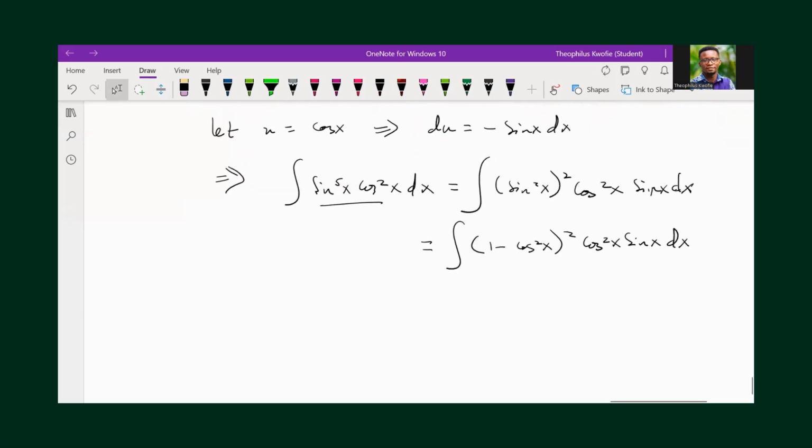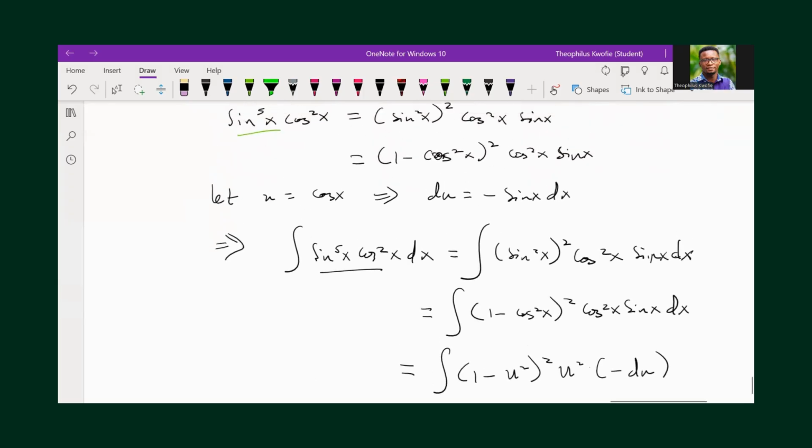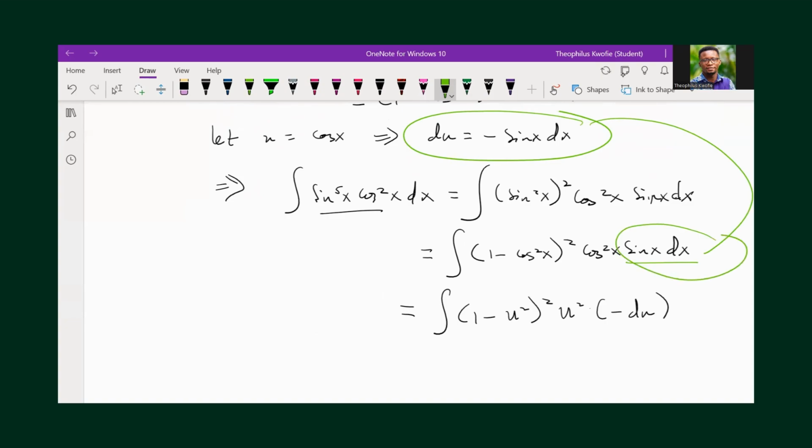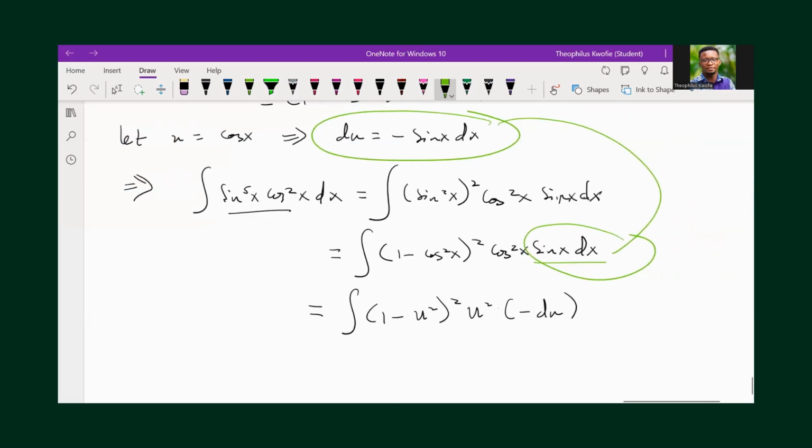Now we said that we made u equal to cosine, so in that case, we're going to have 1 minus u squared, all to the power 2, and then u squared, minus du. This expression will be captured by this expression here, so let's take note of that.